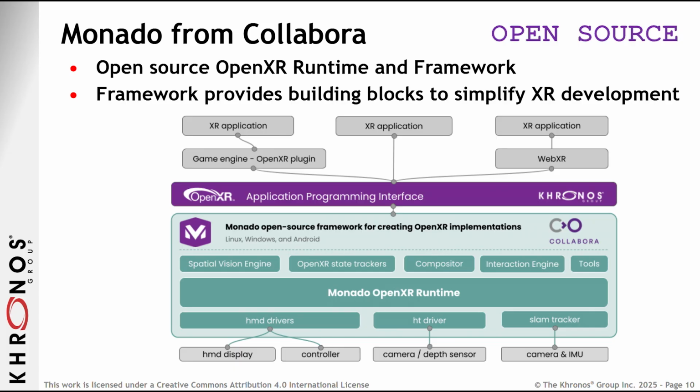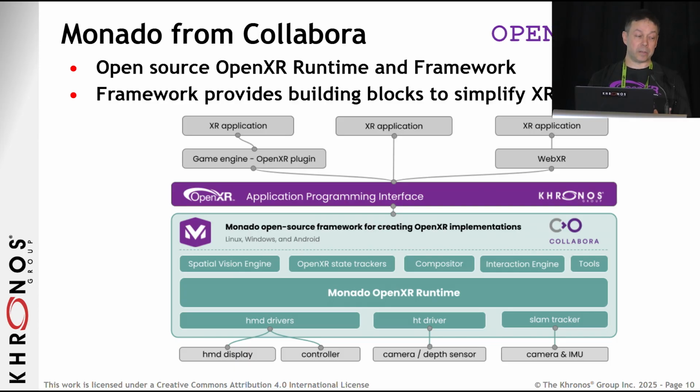So it can be a good way of bootstrapping your OpenXR runtime development. The most important thing here is that the purple layer is the thing that we are testing. In the working group, there are companies that are using Monado, but there are many companies that have their completely own OpenXR runtime as well. So the choice is there.